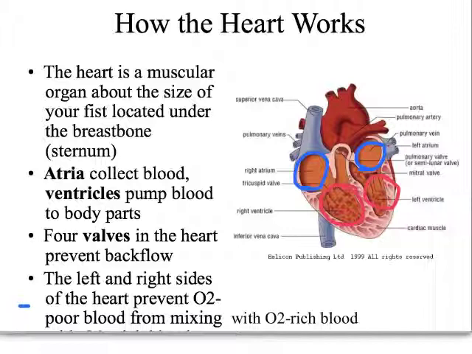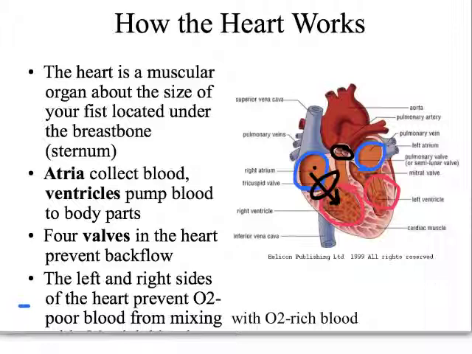Now within the heart, we have 4 valves that prevent backflow from the atria to the ventricles, so it doesn't allow any backflow. So we have a valve here, called the tricuspid valve, and we have another valve here, so it doesn't go back into that right ventricle.